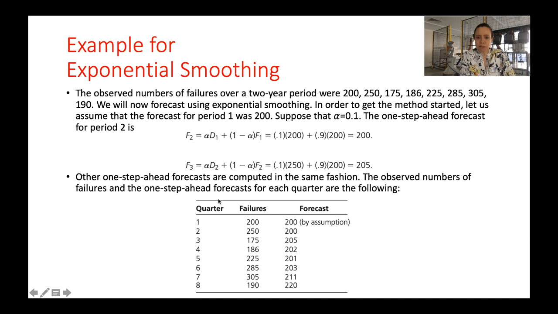And let's check the next equation. Now we are at quarter 2 and we want to forecast the number of failures for quarter 3. Here we multiply the alpha value with the last observation, which is 250, plus 1 minus alpha multiplied with the last forecast value, which is 200, and we obtain 205. And we do this for each of the quarters.